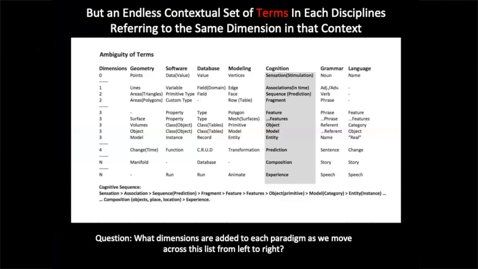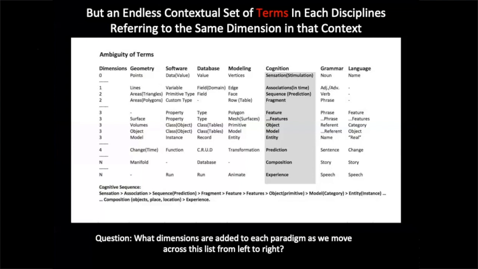And then we say, well, that's great, but let's look at what these different grammars consist of and break it down into pieces under that, and you'll start to see how these terms that seem different in each paradigm are actually the same. So we have dimensions on the left, like spatial dimensions 1, 2, 3, 4, which is time, and n, which is called a manifold, right? Well, the same thing happens in geometry: points, lines, areas, right?